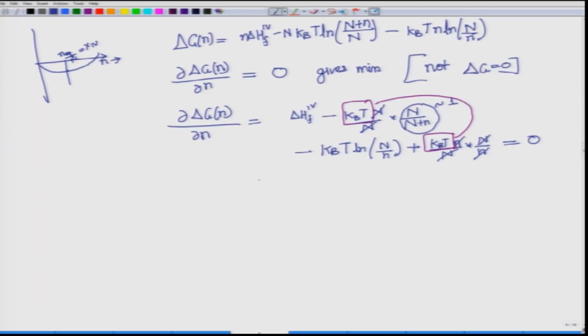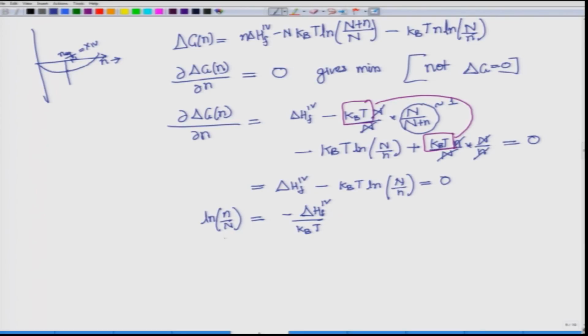So, what we are left with is delta H_F 1V, which is the enthalpy of formation of one vacancy, minus k_B T ln n by N equal to 0. Therefore, ln n by N equals minus delta H_F 1V by k_B T.